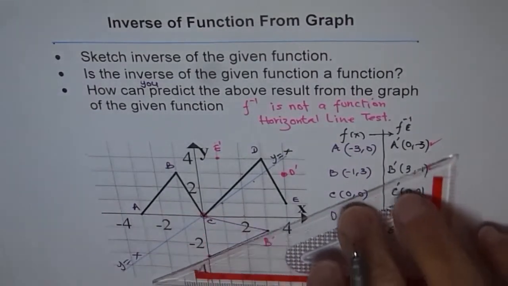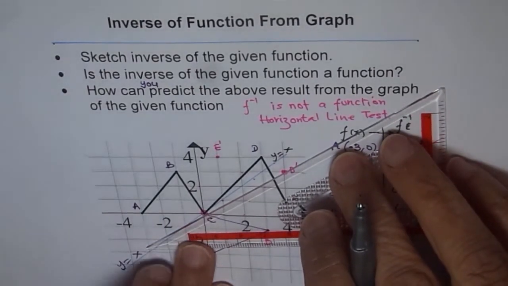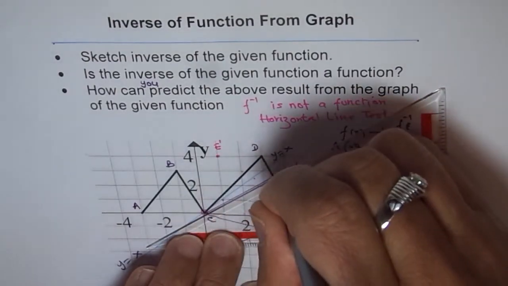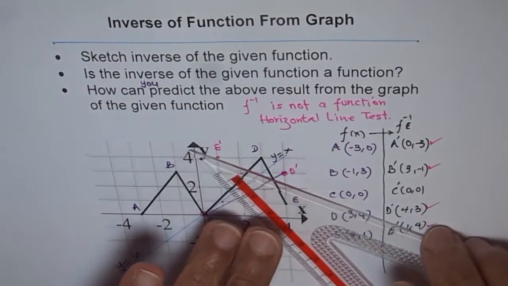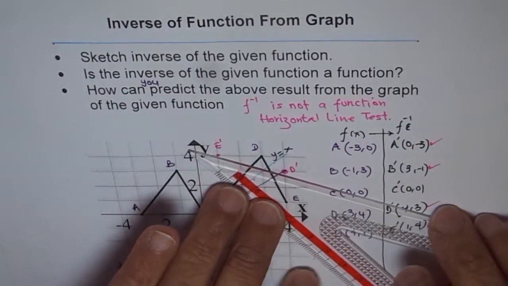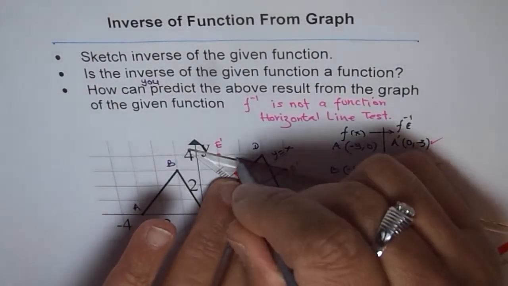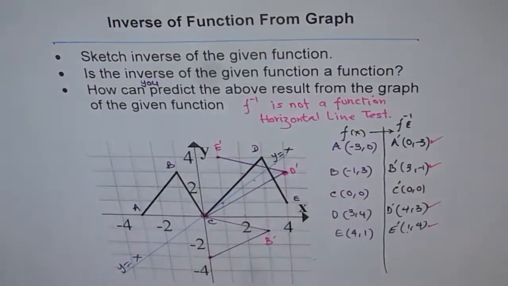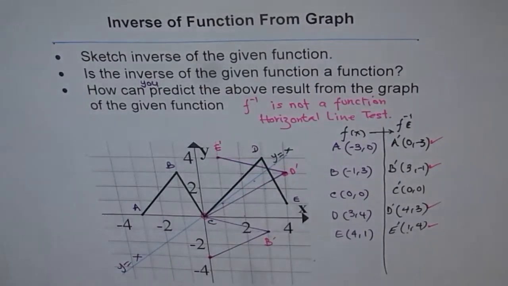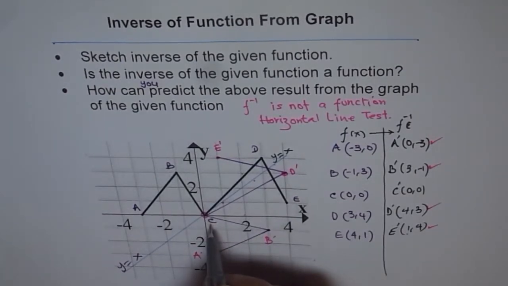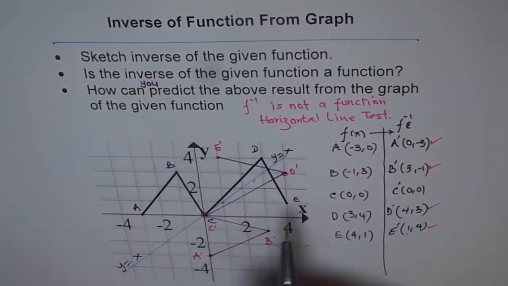So A, B, C, D and E. So that is how you can draw the inverse of the given relation. So we got A, B, and C is the same as C dash.